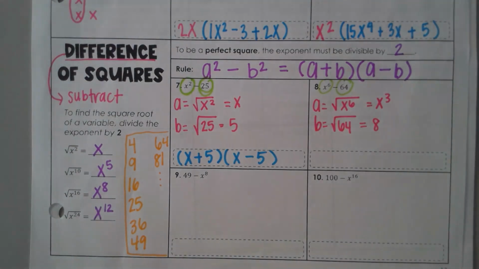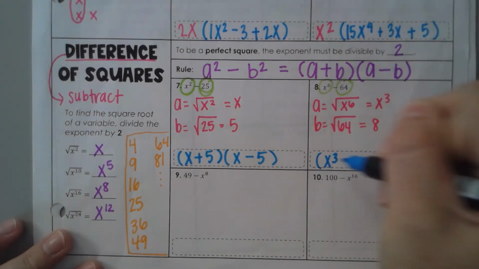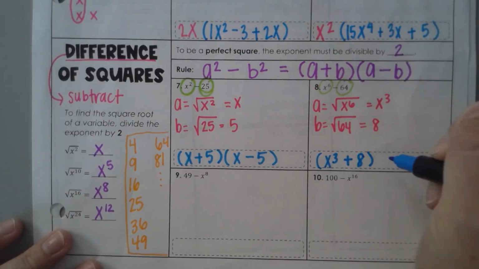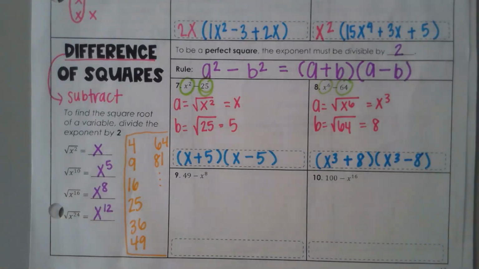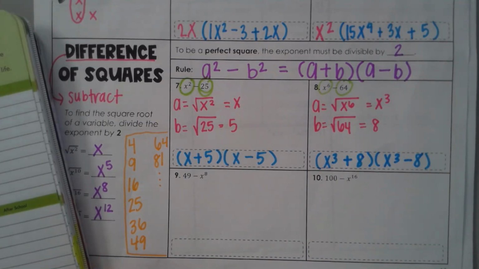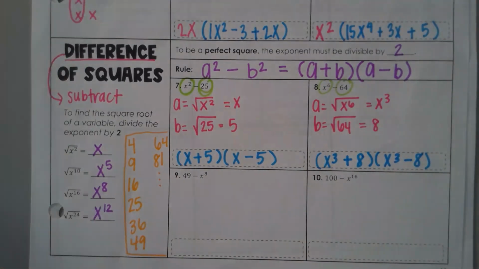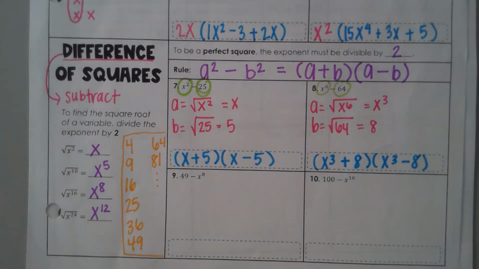And so my answer is x cubed plus 8 and x cubed minus 8. It is okay if you do the minus first and the plus second. That's fine. What you cannot do is switch the 8 and the x cubed. 3 times 5 is the same thing as 5 times 3.